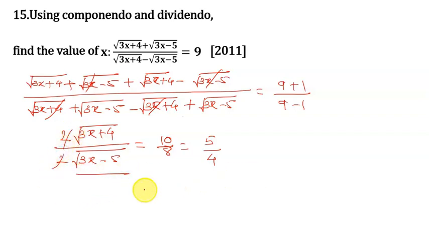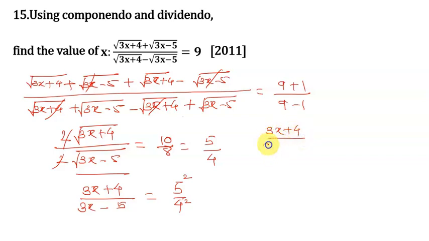Now squaring on both sides, then you will have (3x plus 4) upon (3x minus 5) is equal to 5 square upon 4 square. Therefore you will have (3x plus 4) upon (3x minus 5) is equal to 25 upon 16, and next is cross multiplication.